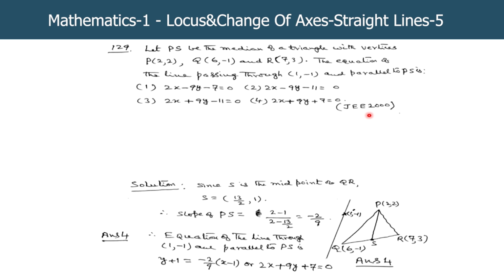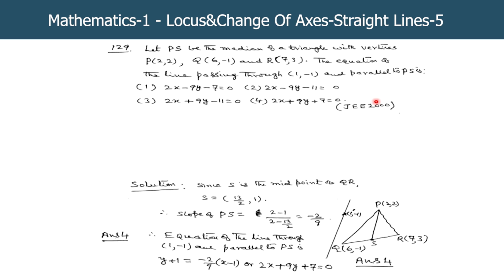Let PS be the median of a triangle with vertices P(2, 2), Q(6, −1) and R(7, 3). The equation of the line passing through (1, −1) and parallel to PS is: 2x − 9y − 7 = 0, 2x − 9y − 11 = 0, 2x + 9y − 11 = 0, 2x + 9y + 7 = 0.